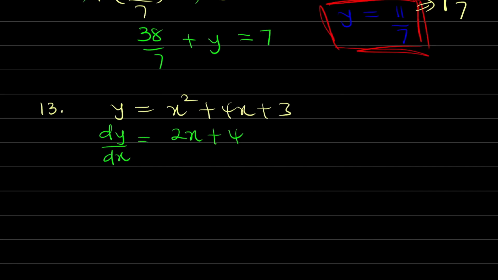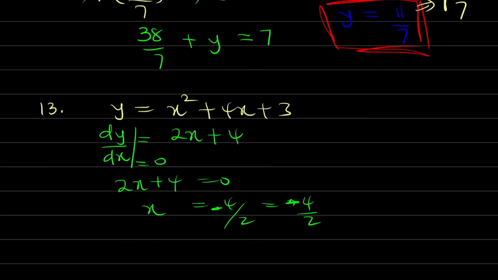So you need to set this equal to 0. So when you set dy dx equals to 0, it means that 2x plus 4 is equal to 0, making x equals to minus 4 over 2. So if x is minus 4 over 2, you need to go back and substitute into your actual function. Minus 4 over 2 is simply minus 2.